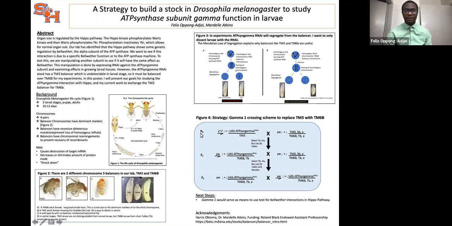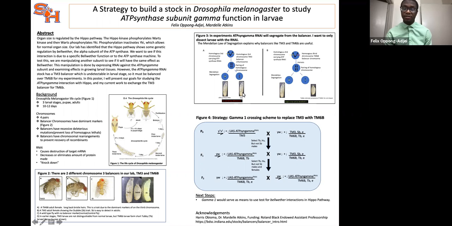So Mendelian genetics offers a way to explain how we go about rebalancing from TM3 onto TM6B. So in the third chromosome, homologous chromosomes, the ATP synthase RNAi will be on, along with the TM3 balancer on the third chromosome. So in meiosis, they pair, then they separate according to Mendelian segregation.